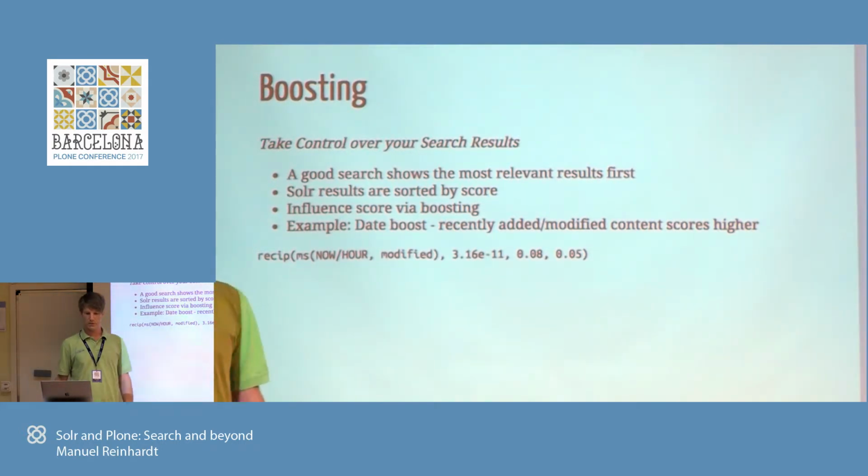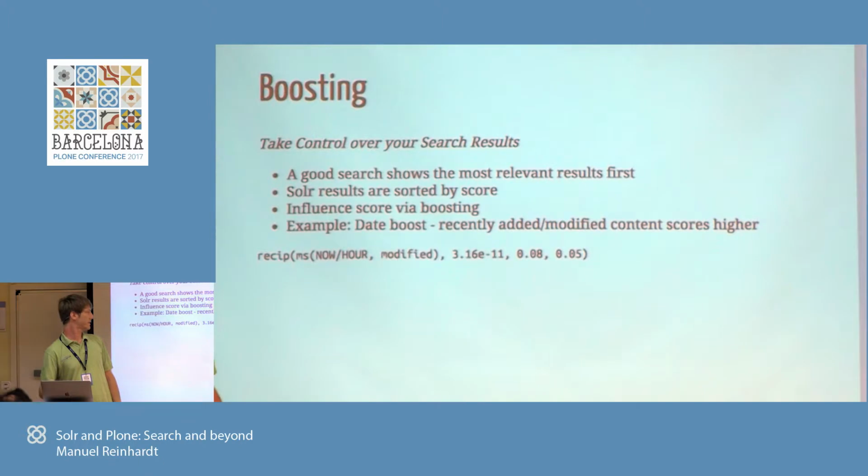And to do that, you would want to assign a high score to a recent document and a lower score to an older one. I won't go into too much detail on that formula there, but you see that the modified date is taken, and what it basically gives you is a nice curve that assigns a high score to a recent document, and then it curves off nicely towards the older stuff.